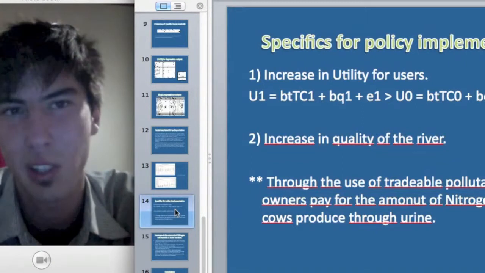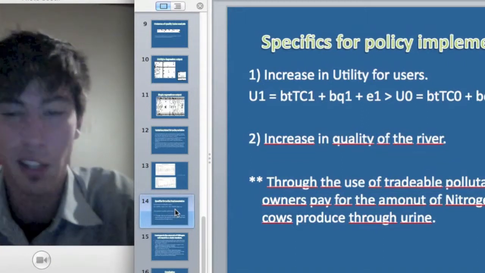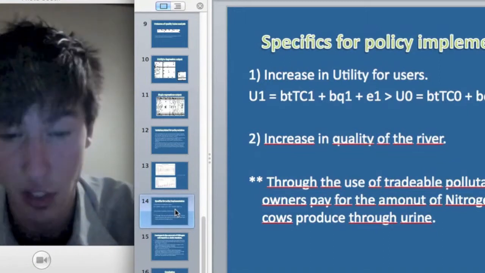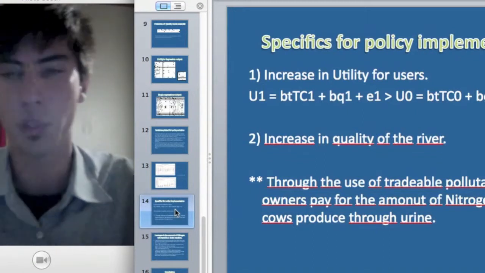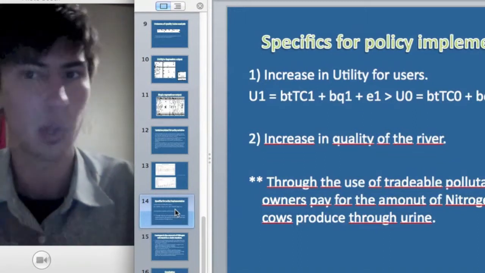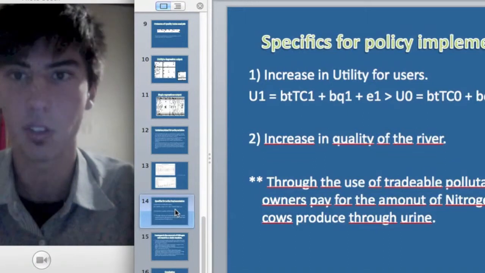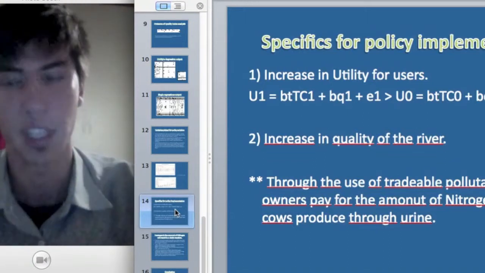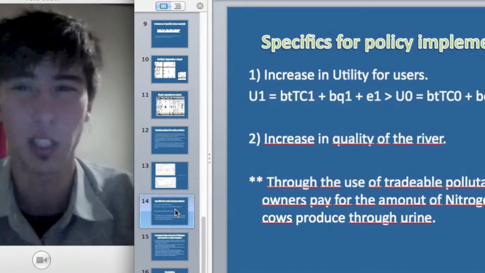The way this policy works is through the implementation of a tradable pollutant permit, or a specific right that you hold to pollute. They are tradable because they can be traded in a new, hypothetical market that would be selling and buying pollutant rights for dairy farmers, meat works producers, and different businesspeople and organizations that own livestock.